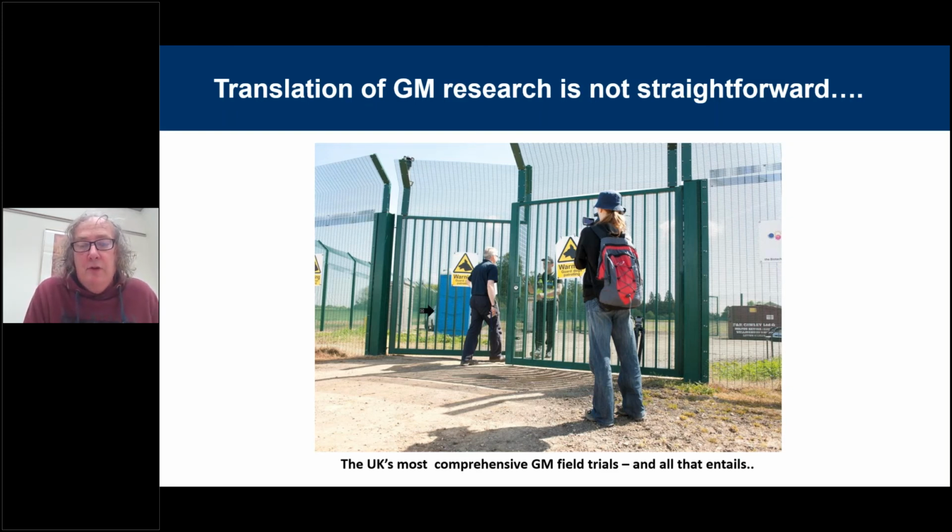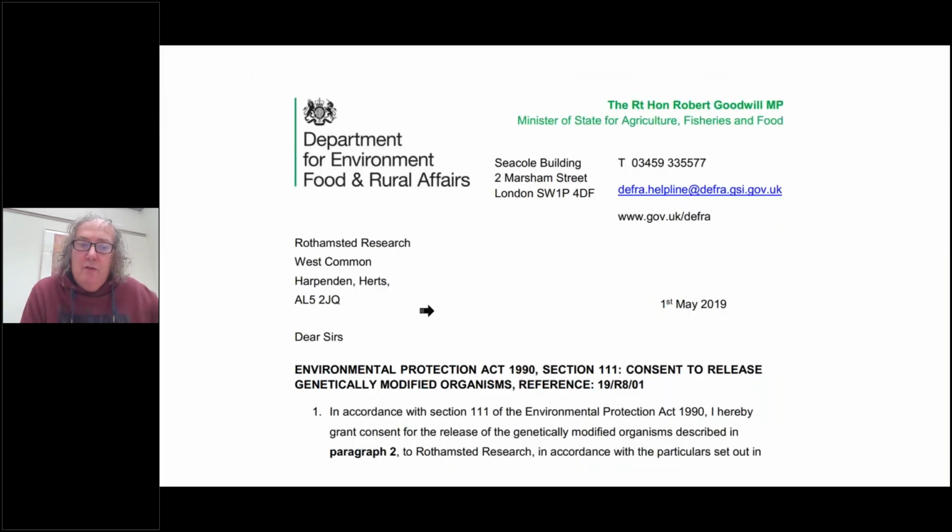Doing a GM field trial is very different from doing a regular field trial, like the type that John Tally talked about earlier. To do a GM field trial, you have to get what's called ministerial consent, and applying for ministerial consent takes quite some time.